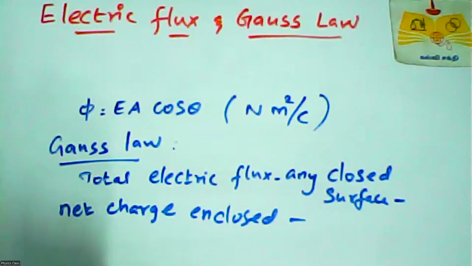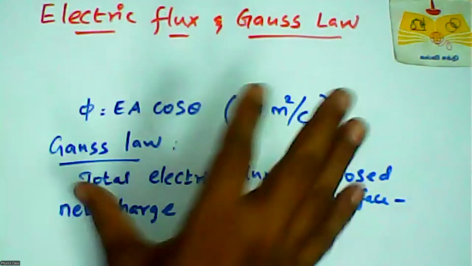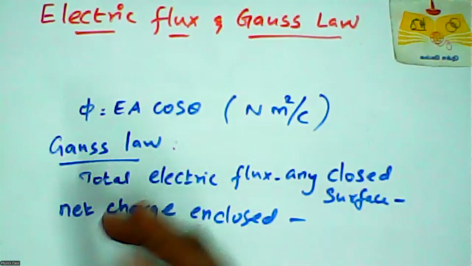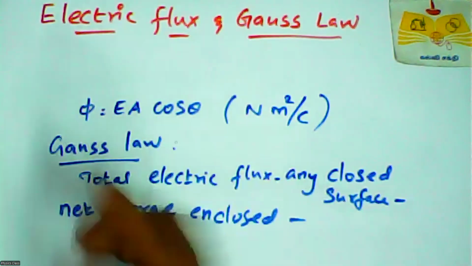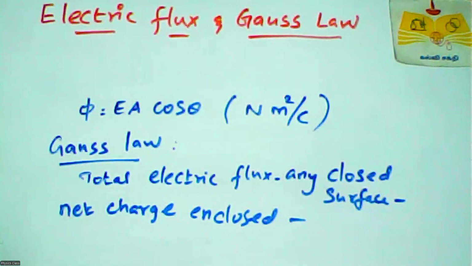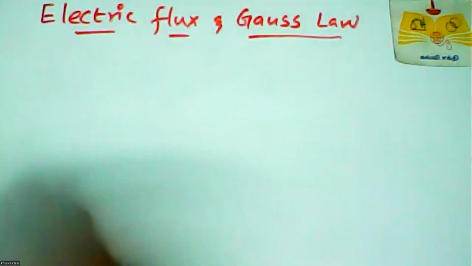We have to only consider the charges within the closed surface. Then only we get electric flux. In that case, we can use Gauss law. So Gauss law relates total electric flux through any closed surface to the net charge enclosed within that surface. So the Gauss law formula.